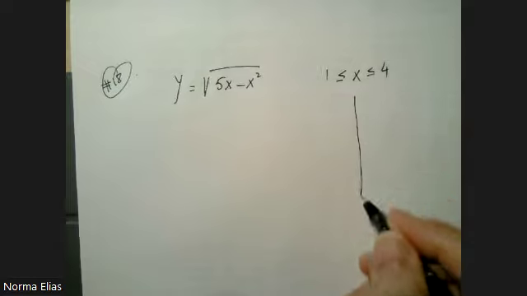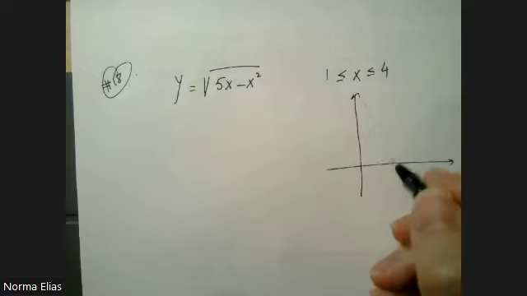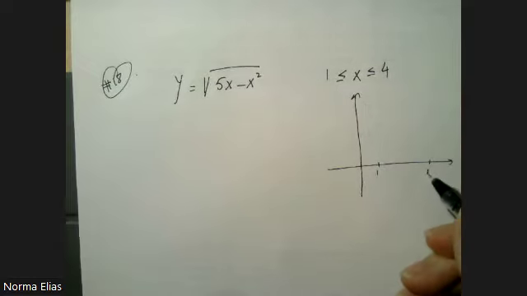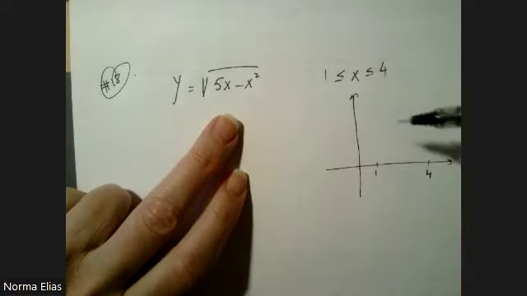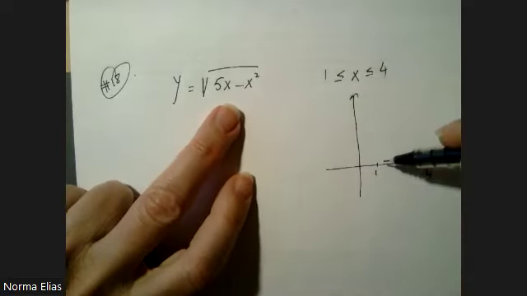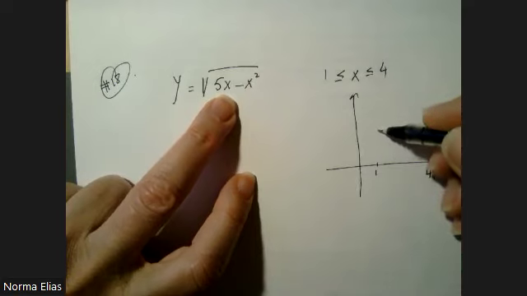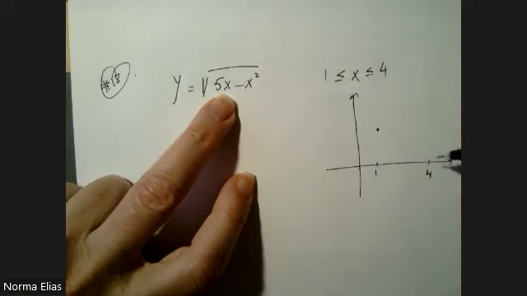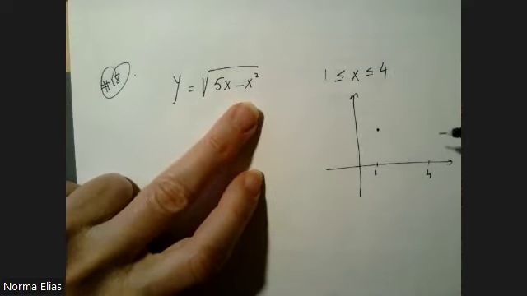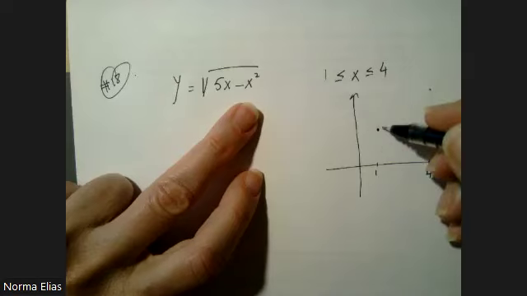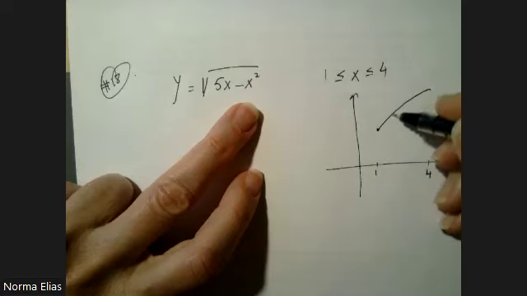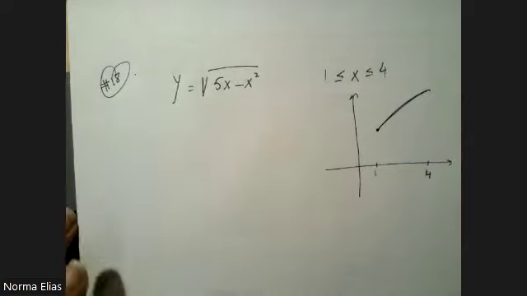So we have a certain curve. I don't know exactly how it looks. If I plug in 1, I get 1 here. If I plug in 4, I will have 20 minus 16, I will get a 4. So it's going to look something like this. So that's really the curve, okay?